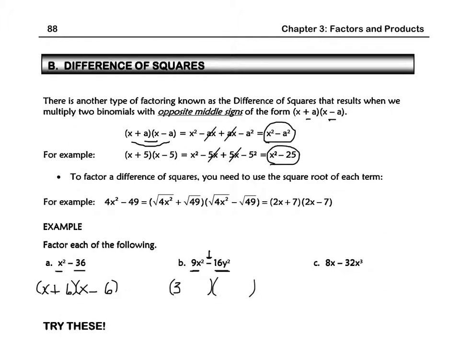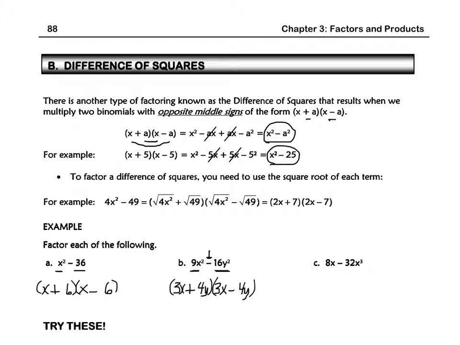The square root of the first term, which would be 3x, and the square root of the second term, which would be 4y, would be the second terms in each of your factors, but one would have a plus between them, one would have a minus. And it doesn't matter if you put the 3x minus 4y first and the 3x plus 4y second, or vice versa, you'll still get the same answer. I like to put the plus first for some reason.